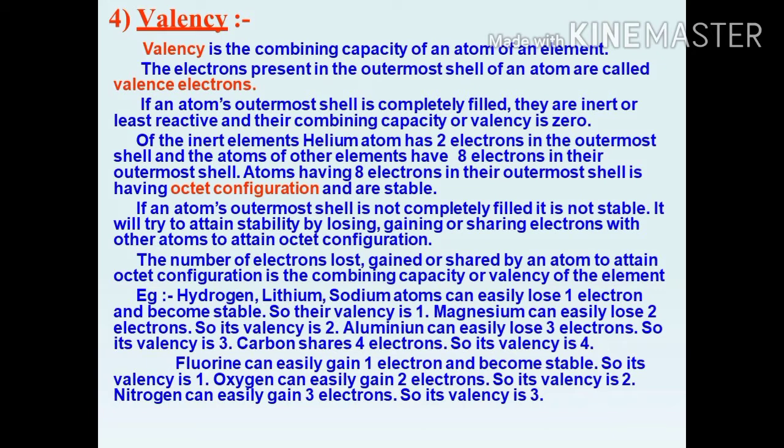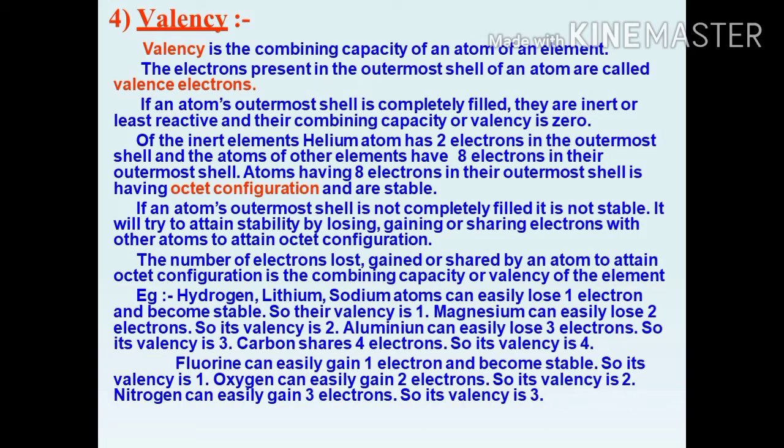For elements with electrons above 4, if the outermost shell has 5, 6, or 7, how can we calculate the valency? You should subtract these numbers from 8.